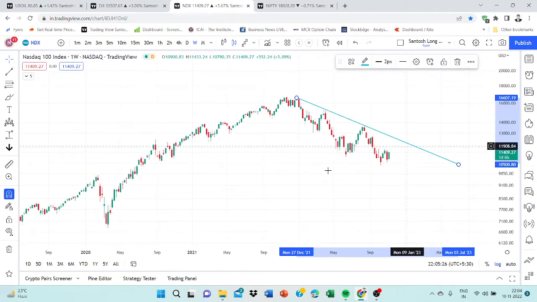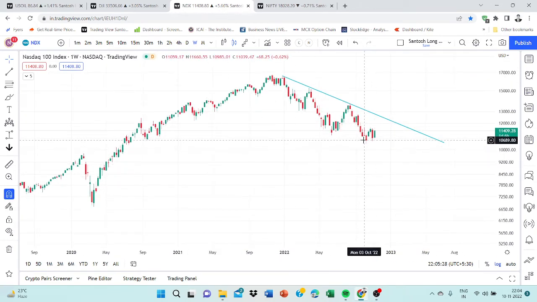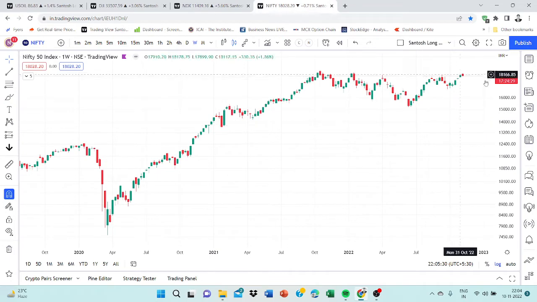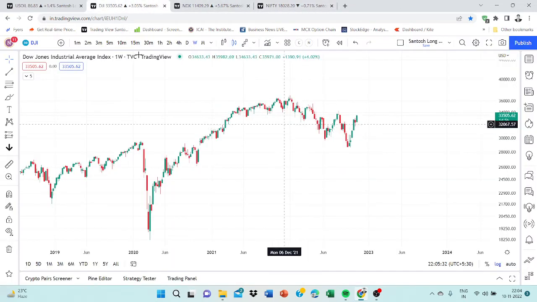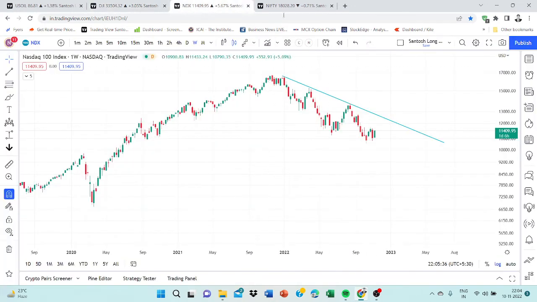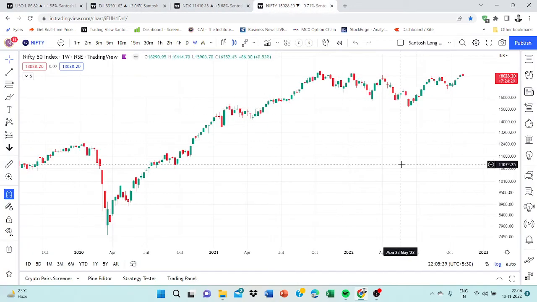So why is Nasdaq at this level and Nifty at this level? Or you can say, why is Dow Jones at this level, Nasdaq at this level, or Nifty at this level? The reason lies behind the GDPs of these two countries, USA and India.